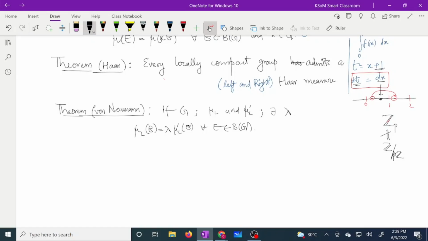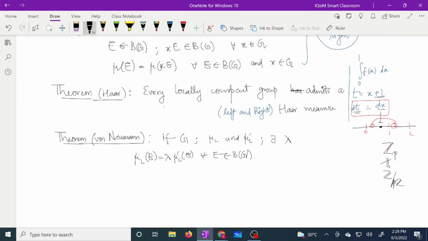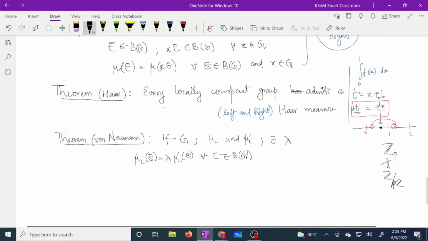Lambda is real. Since mu_L and mu_L prime are positive real valued functions, lambda has to be a positive real.